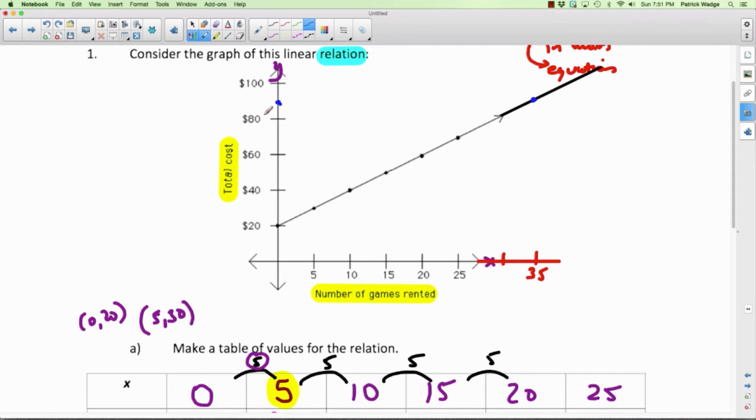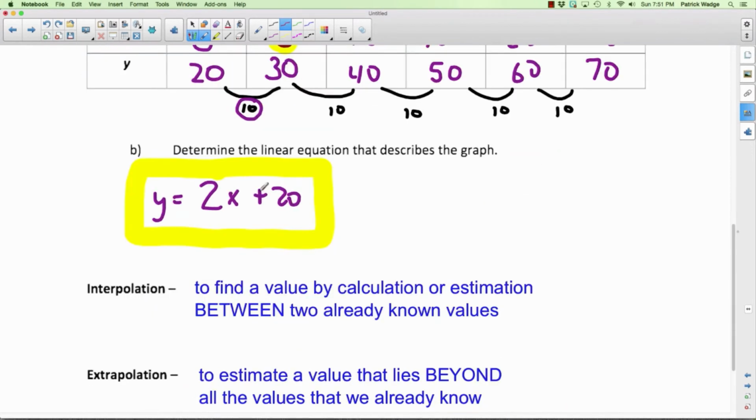Okay, here's the problem with extrapolation. Sometimes linear relations don't continue. Sometimes in real life, things go like this. Straight line, straight line, straight line, and then it just kind of tails off or even drops down. I'm not saying that would happen with this relation, but some relations that does happen. So extrapolation is not as accurate.